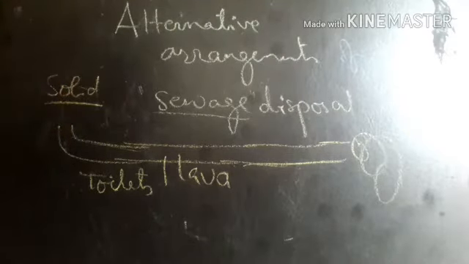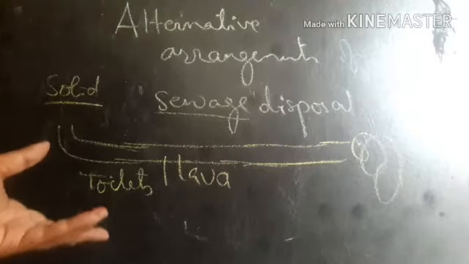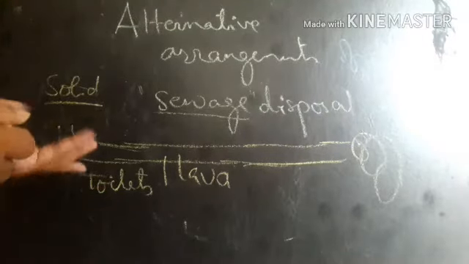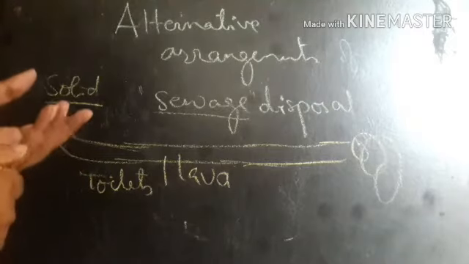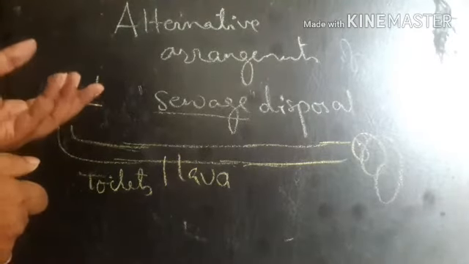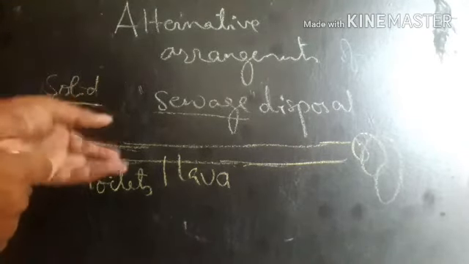These toilet wastes cannot be disposed into our water. Why? Because they cause many diseases. In the previous class we discussed how human excreta causes disease, because it carries many waterborne diseases.